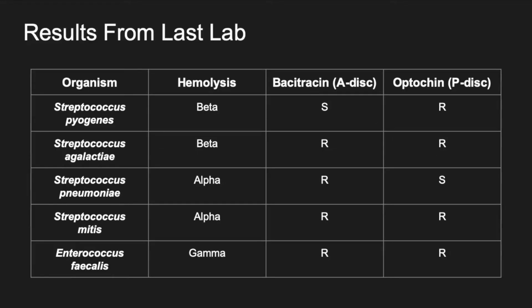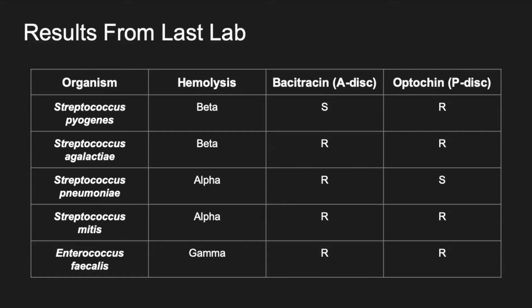So here is a table of the different organisms we did last lab before we were all dismissed from campus. You'll see here on the left for Streptococcus pyogenes, it shows beta hemolysis, indicating the complete destruction of red blood cells.